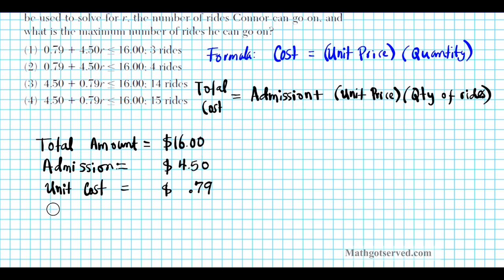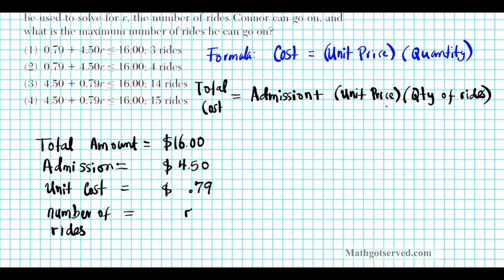I think number of rides sounds better. Number of rides that Connor can ride. I can call it any variable I want. That's an unknown. But if you look at the options here, what is the variable? They're all R's, okay? So let's just use that so it's consistent. Perfect. So that's what we have, okay? Now I'm going to set up my equation, but what I'll do is I'm going to switch it around.